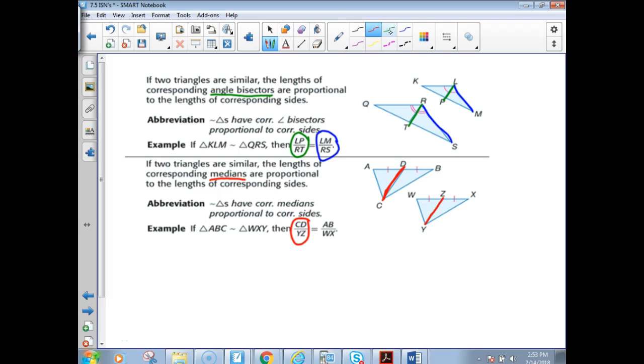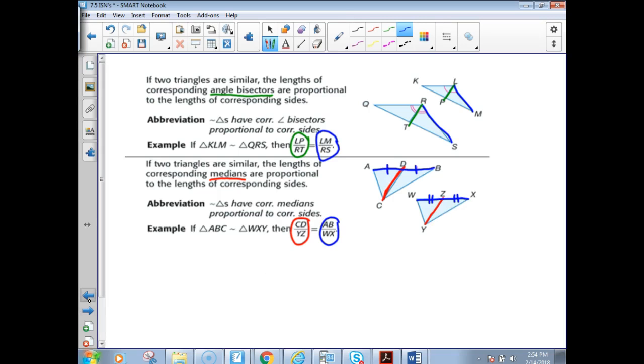They said that CD is to YZ as AB, oh, they went all the way across here. So you can use any of the three sets of corresponding sides in your proportion. Those should be double marked because these aren't the same length as those up there. And that's just the ones I put in blue. You could, of course, do CD is to YZ as AC is to WY, or the other sides over there.